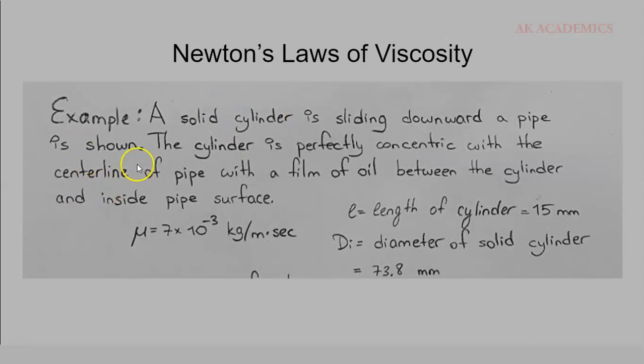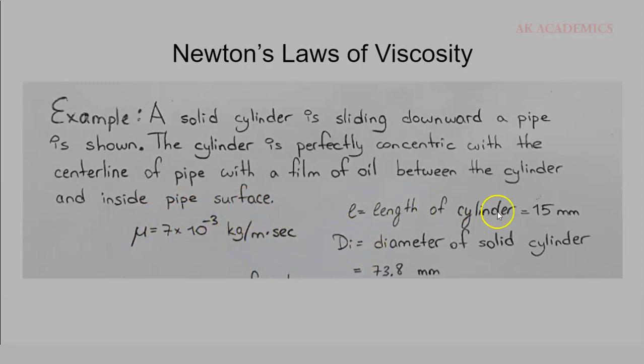So what is presented in this question is that the cylinder is perfectly concentric with the center line of the pipe, with a film of oil between the cylinder and the inside pipe surface. We have been given the viscosity as 7 times 10 raised to the minus 3 kilogram per meter per second.